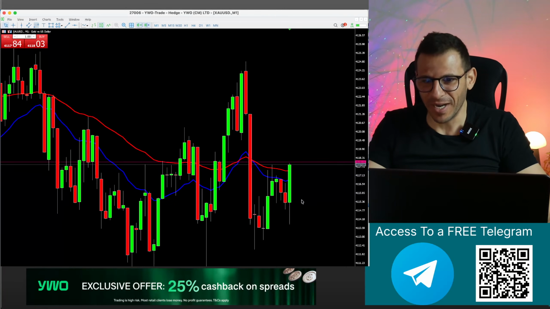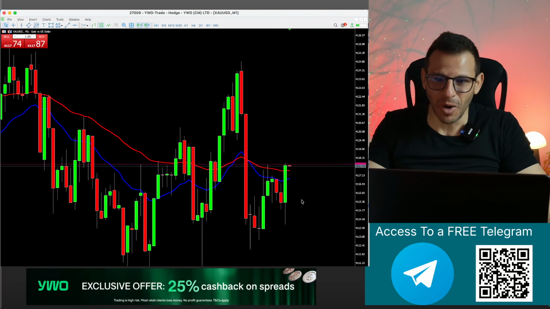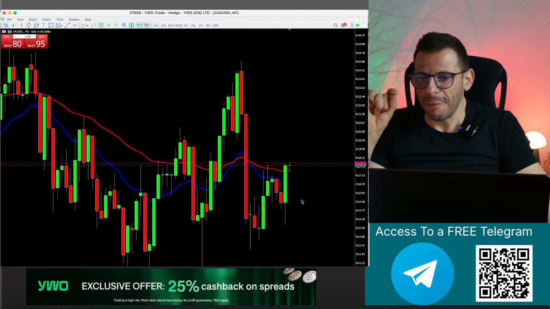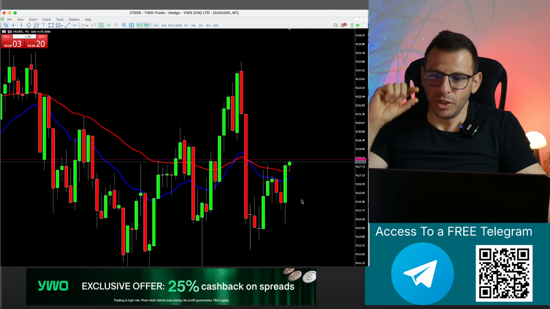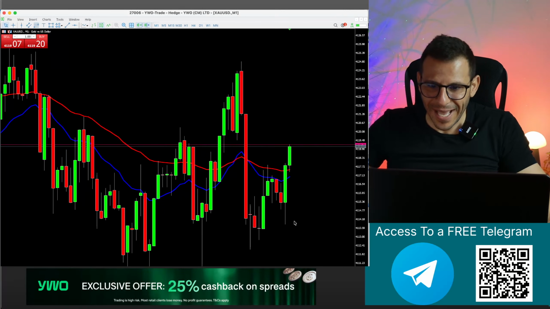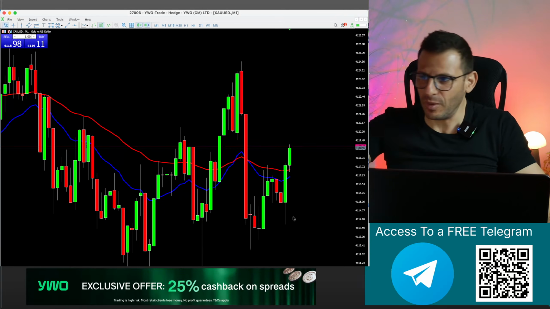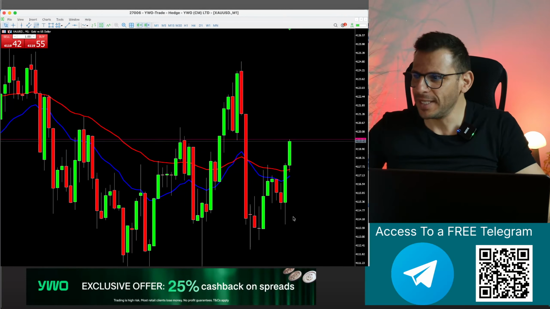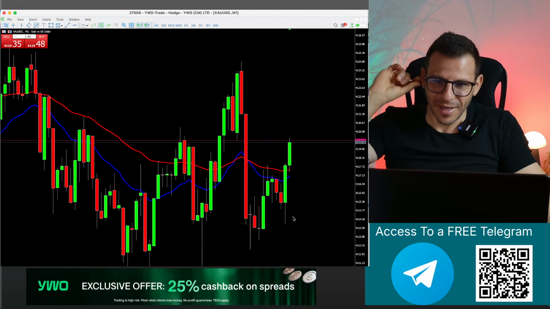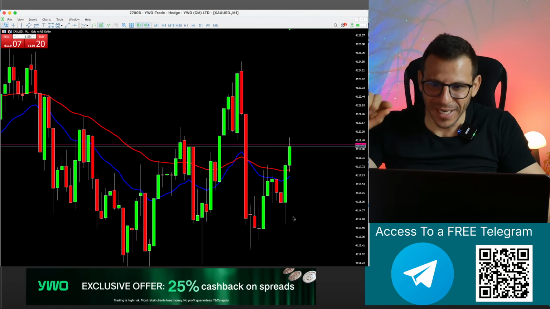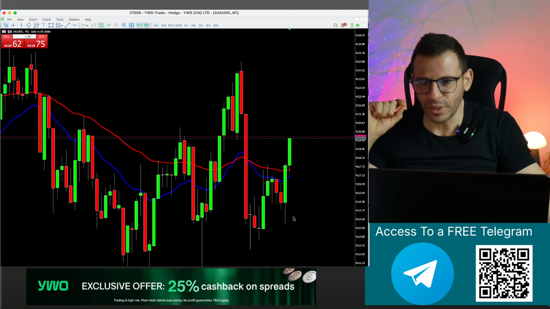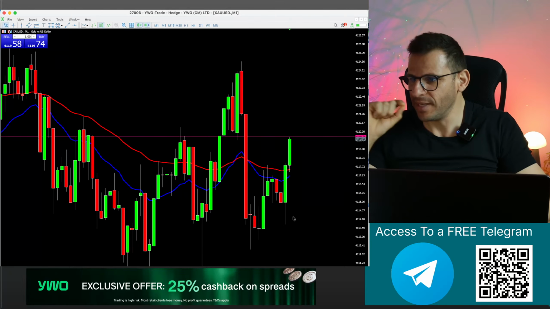When you have your account with YWO and the price comes close to your exit, either for a stop loss especially or take profit, when you have a small spread, you have a high probability of not getting stopped out and going for your take profit if the trade makes it there.